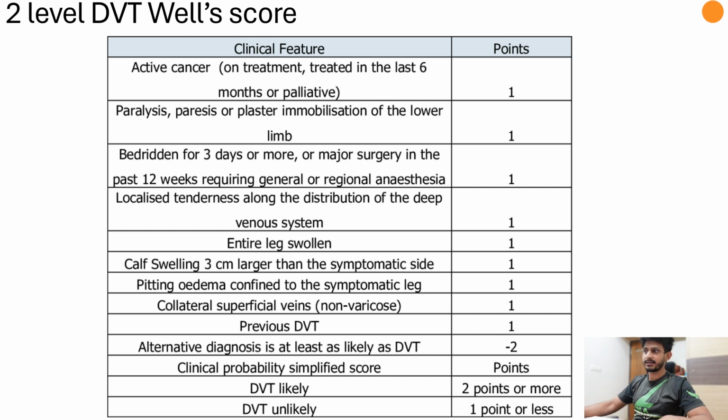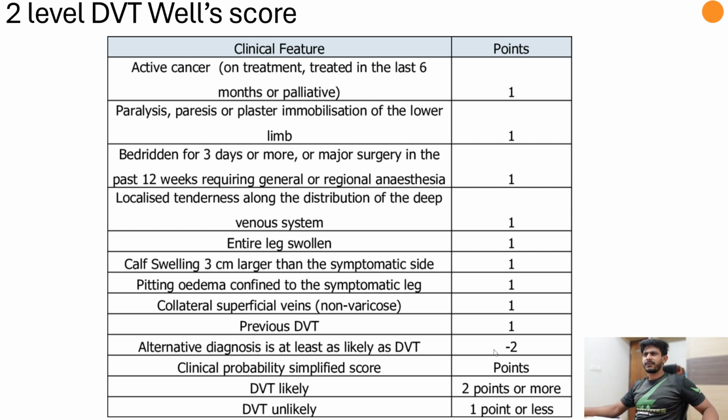It has a table with 10 parameters, and each of the first 9 parameters carries 1 point plus, and the 10th parameter carries 2 points minus.